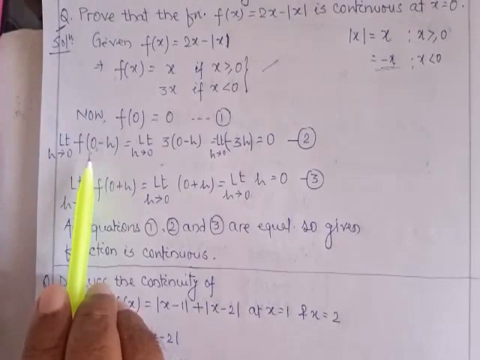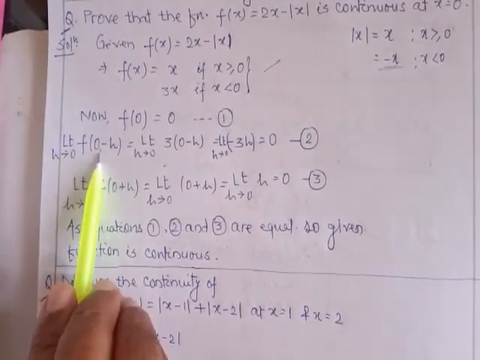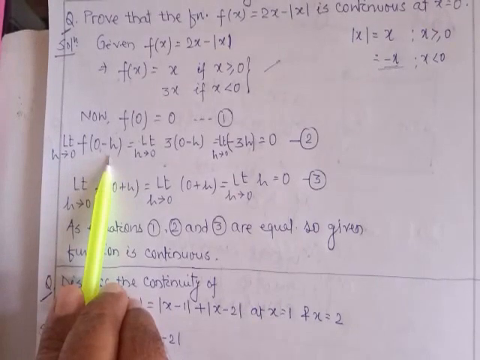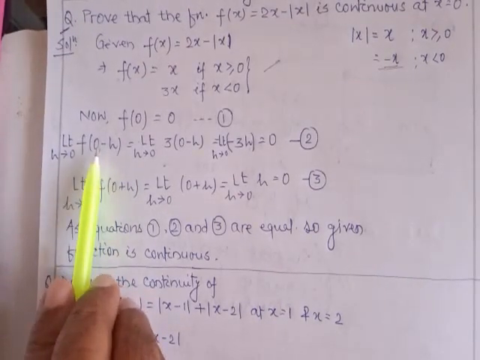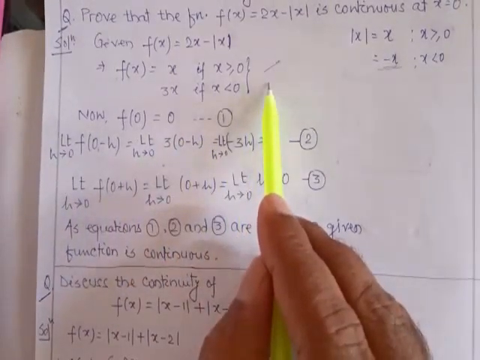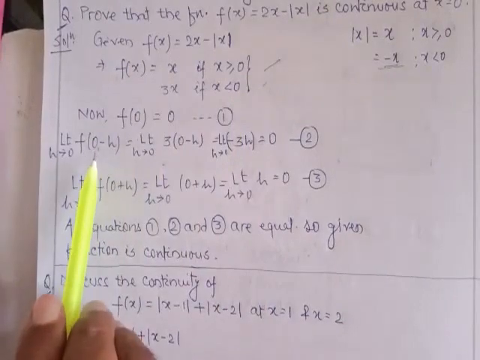So first replace x by 0 − h. Since 0 − h is less than 0, apply the second one.